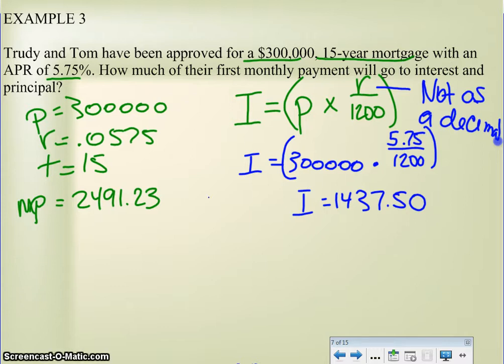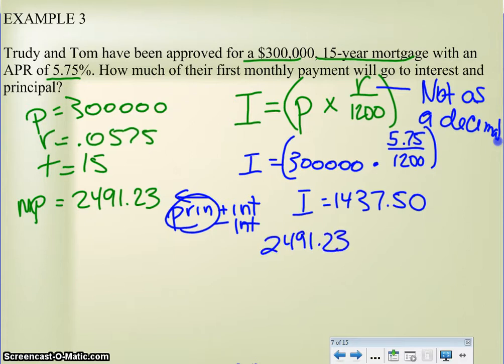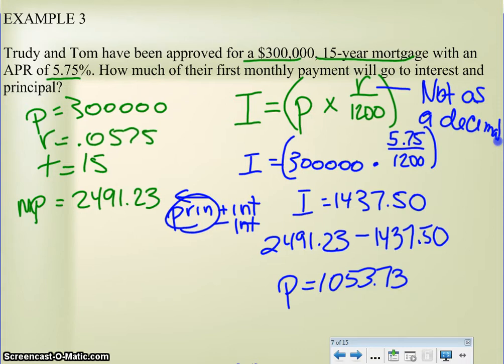So remember, the monthly payment here is giving me the principal payment plus the interest payment. So if I subtract the interest out, I'll get just the principal. So it's $2,491.23 minus the $1,437.50 is going to give me a principal payment of $1,053.73.